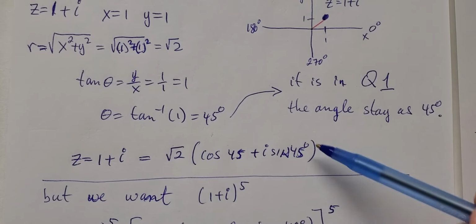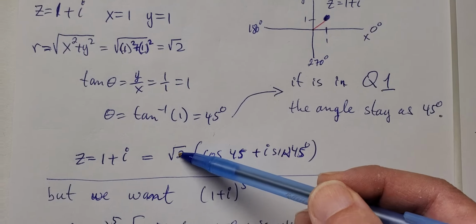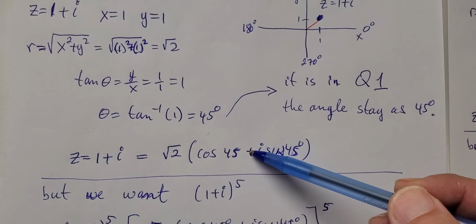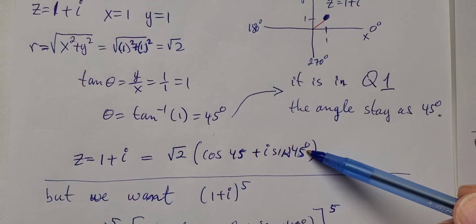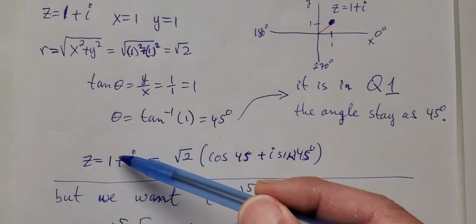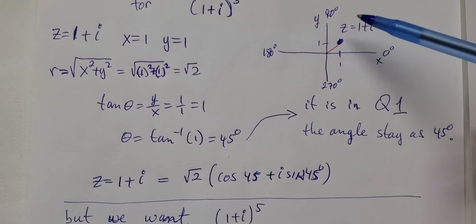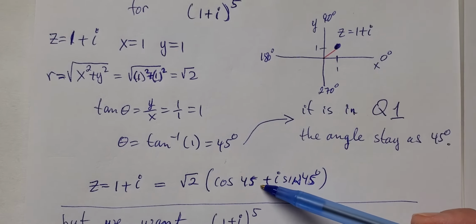Make sure you write polar form like this: r outside, followed by cos plus i sine, and then put the degree in. This is the complex number, and this is polar form. It is the same location on the graph, just written differently.